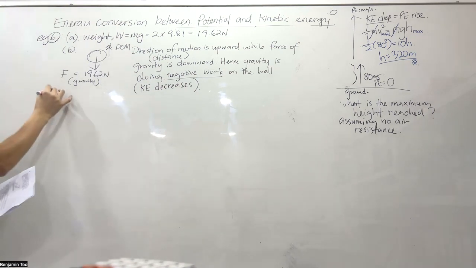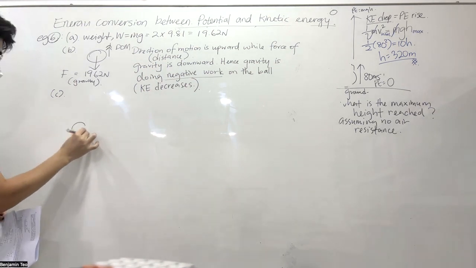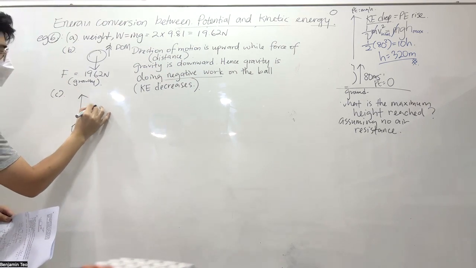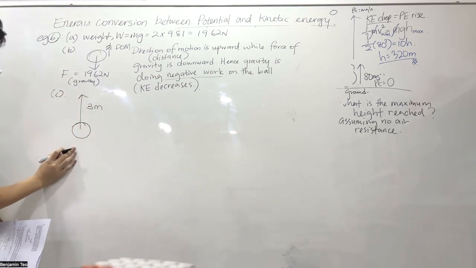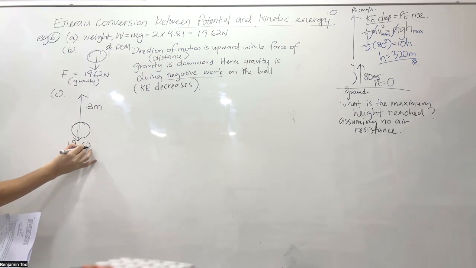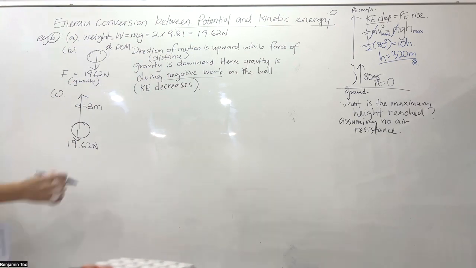Now C, determine the speed when the object has travelled 3 meters vertically upwards. We use work done. 3 meters upward. What is the work done? Gravity is 19.62, distance is 3 meters.